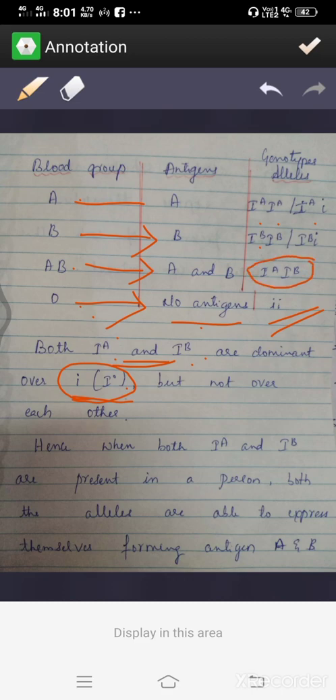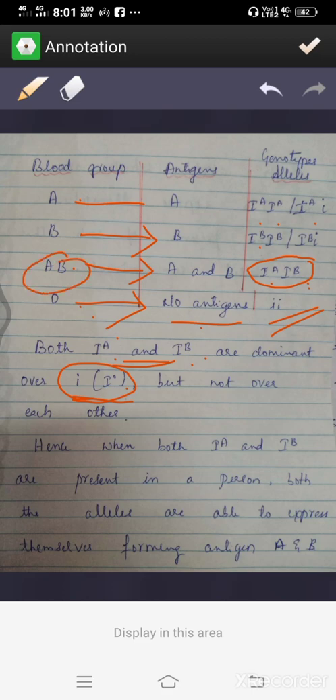A person having both the antigens A and B means he has the allele IA and allele IB. But here both are dominant, so the IA cannot suppress IB and IB cannot suppress IA. So what happens?